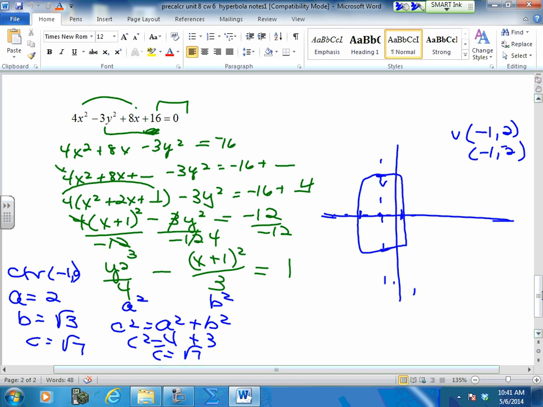Okay, there's my vertex. Now, I need to make my rectangle, and I need to send my diagonals through my rectangle. What are these diagonals called? Look at your notes from yesterday. What are the diagonals called? They're asymptotes.